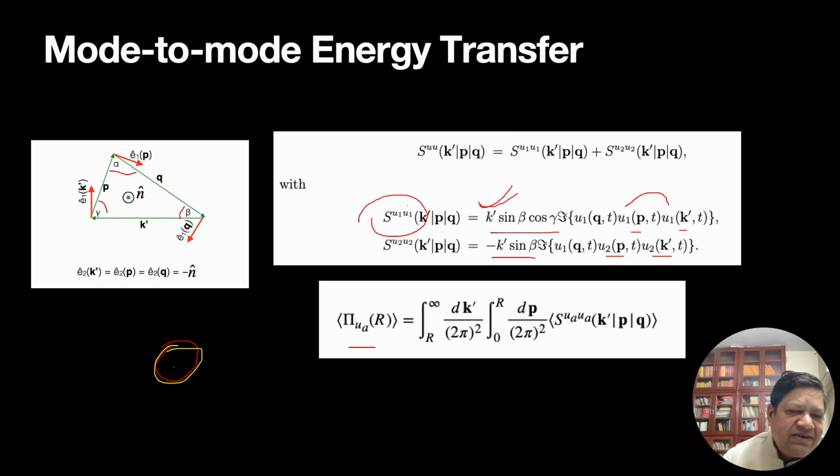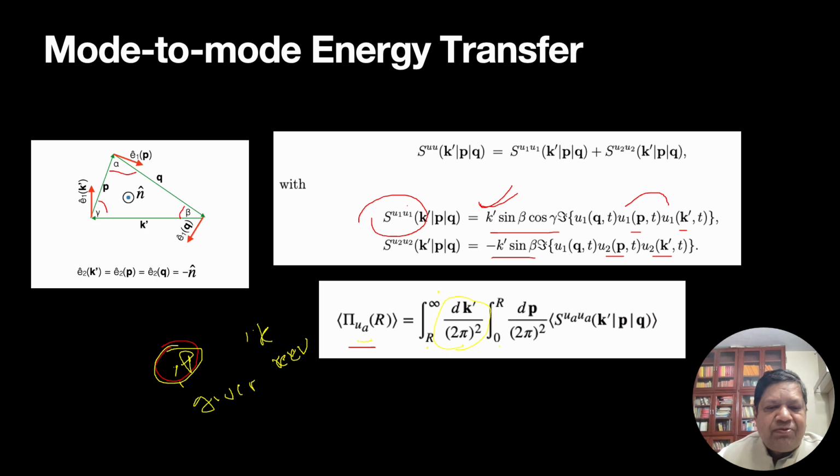What is the flux? It is energy going from all the modes within the sphere to modes outside the sphere. So the giver mode P must be inside the sphere, and K must be outside. So that's what we got here. K goes from R to infinity, and P goes from 0 to R. So these givers are inside, and receivers are outside.